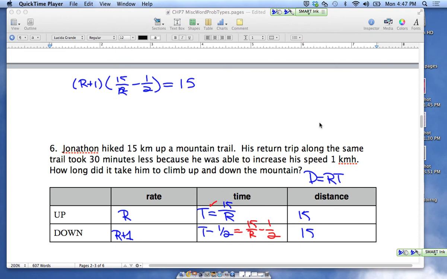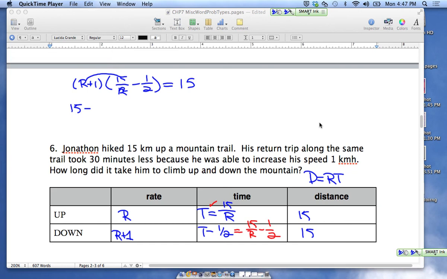So this problem looks a little bit unlike anything we've done because now we're going to do the binomial multiplication on this. And I'm going to go ahead and present the answer, and if it's a little bit confusing, you need to stop the tape and figure it out slowly for yourself. But I'm going to multiply R times 15 over R, the end result being 15, and I'm going to do that type of multiplication.